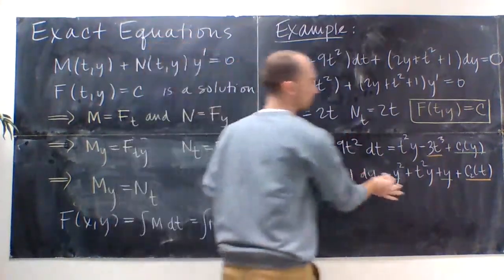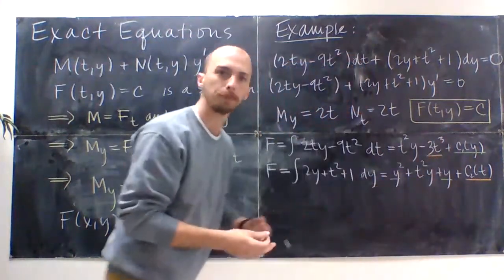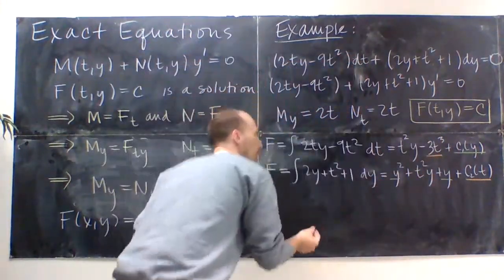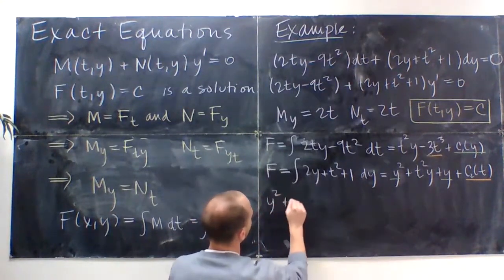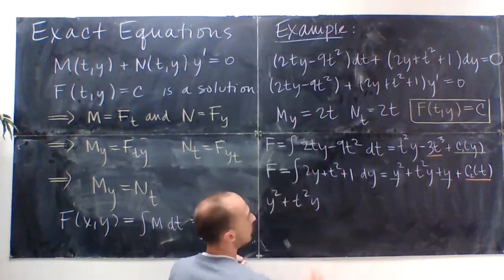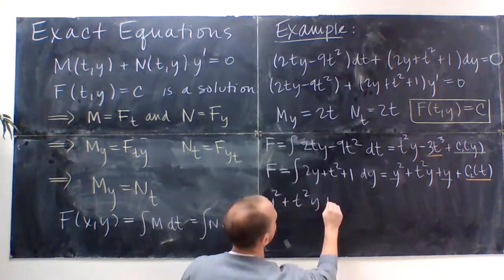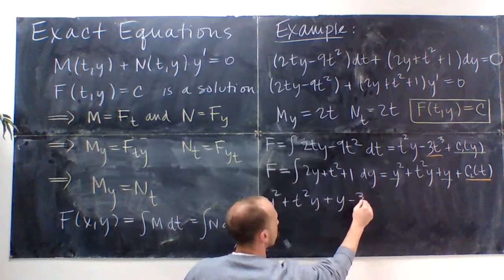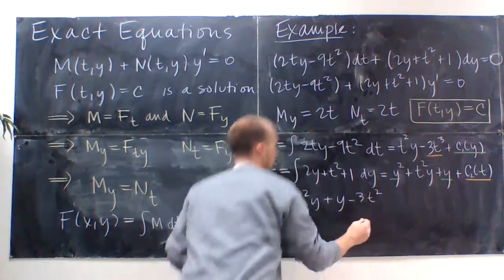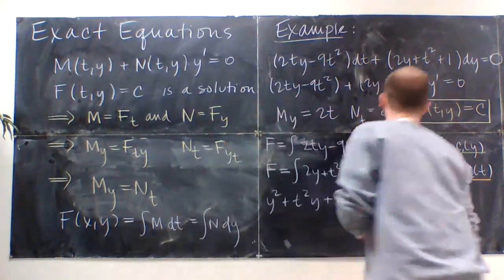It's got all of these things once I merge them. And what I'm really looking for is y squared plus t squared y plus y minus 3t cubed is equal to some constant.